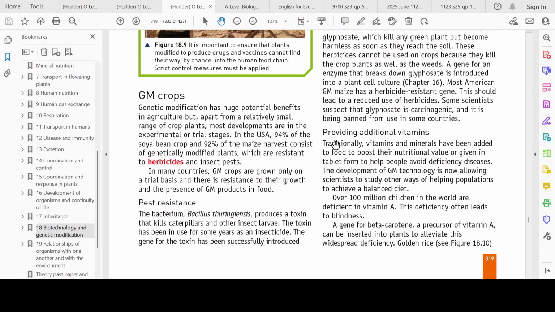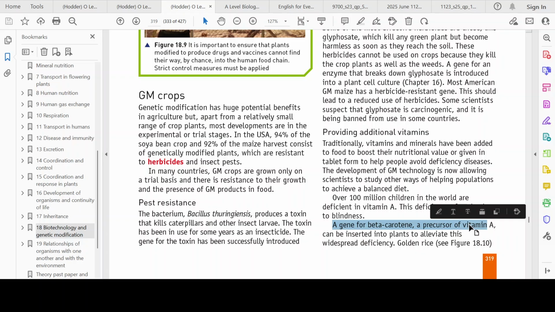All right, providing additional vitamins. So there's a variety of crop that has been made, and it's used in, I think, Bangladesh and somewhere else, not all over the world, where it has extra vitamin A. How does it have extra vitamin A? A gene for beta carotene, which is a precursor. Precursor means this beta carotene is processed and converted into vitamin A, right?